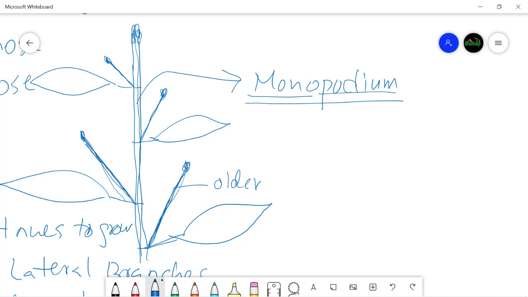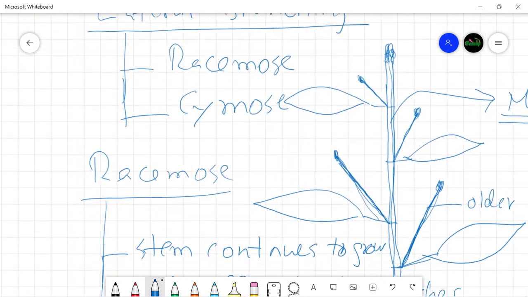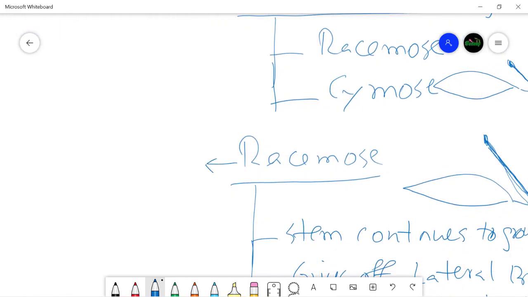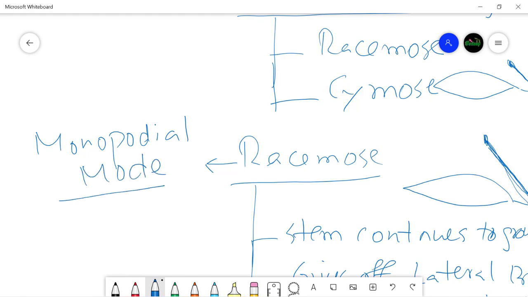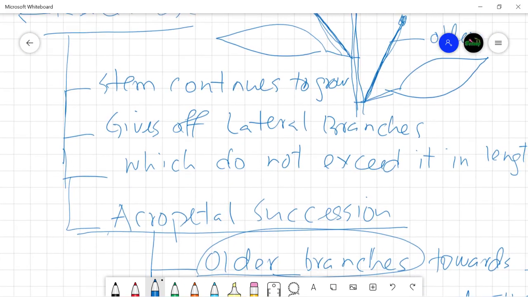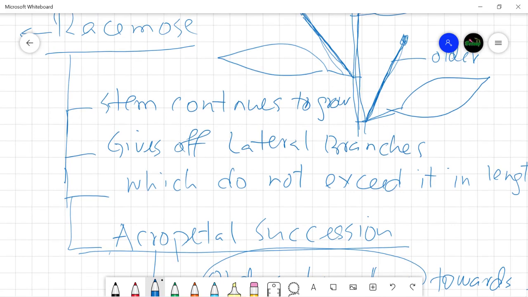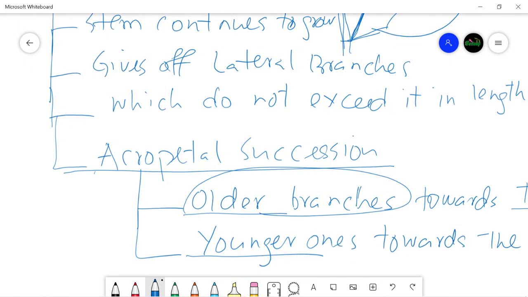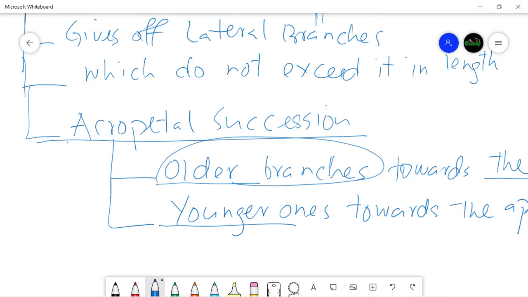And since we have a single stem, the main stem is one, and although it has lateral branches, the main stem is single, so it is known as monopodium. And keeping in view this term, the racemose branching is also known as monopodial mode of branching. So it is monopodium, the main stem, and the branching is also known as monopodial branching or racemose branching, and the branches are given off in acropetal succession.